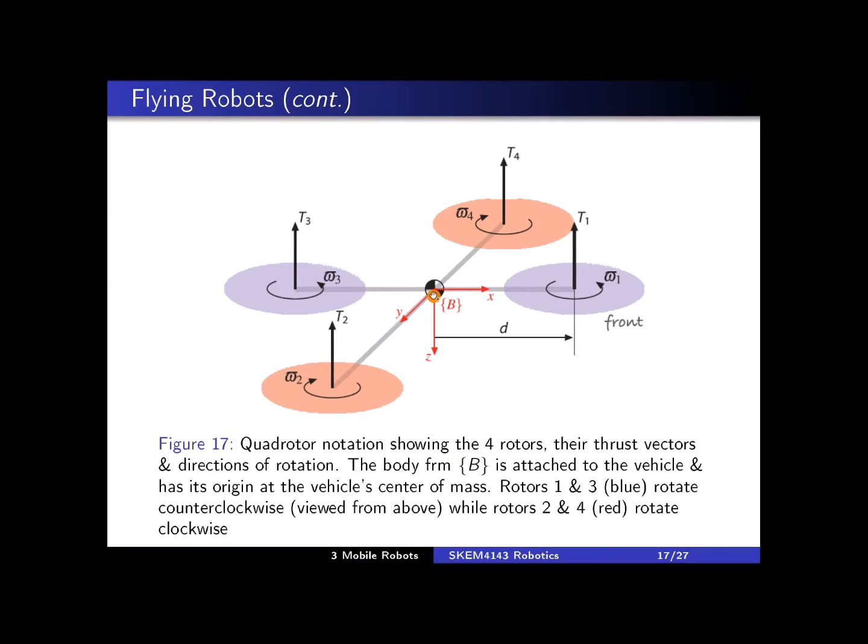And this symbol here represents the center of mass, and T is the thrust. So T1 is the upward force or thrust generated by rotor 1. We have T1, T2, T3, T4.